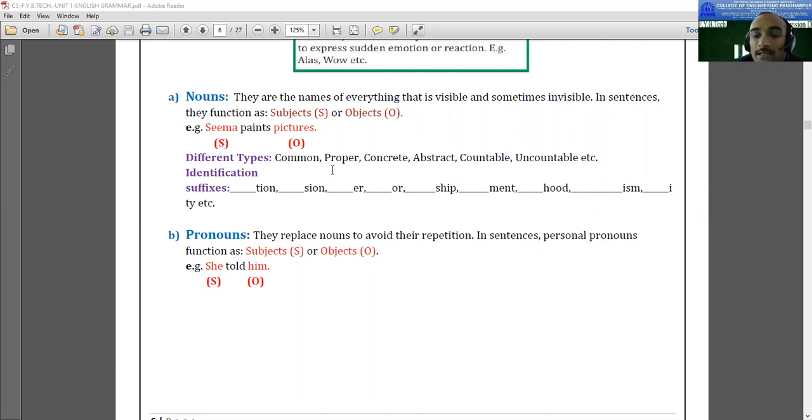Then tell me about the proper noun. What is the proper noun? India, Pune, peacock, Asia, Maharashtra, Ramesh, Ram, Sham, Rose, Taj Mahal, Ganga River, Himalaya.